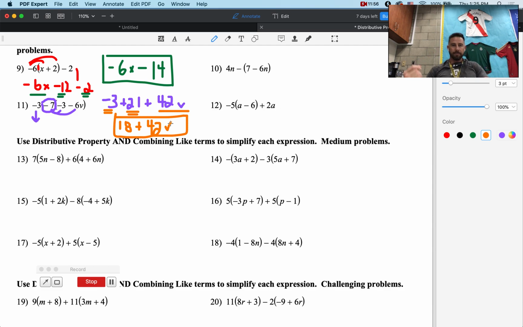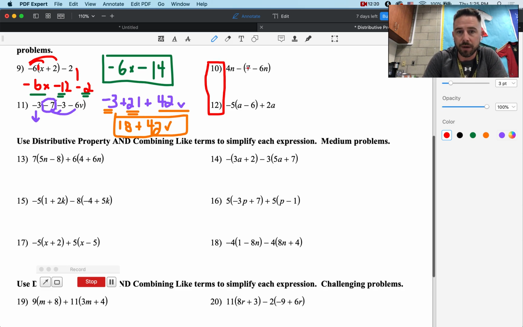Okay, 10 and 12 on your own right now. So make sure you press the space bar for pause. You do 10 and 12 nice and slow on your own, and then we're going to go over it and we might be done. 10's going to be tricky, so I really want you to focus on 10. I'm going to give you a hint right now. Do you see a number in front of here?